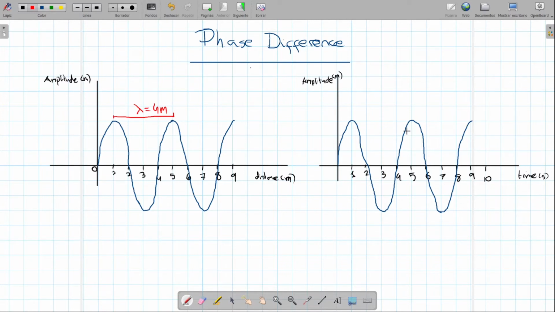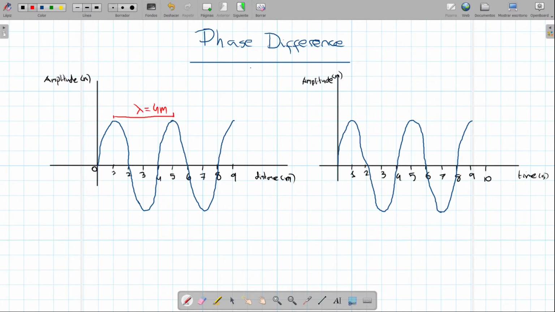In the second graph, what we can calculate is the period, which is the time it takes for a complete oscillation. Sorry because I've drawn them by hand, but if we look at the graph, a complete oscillation is done in 4 seconds.